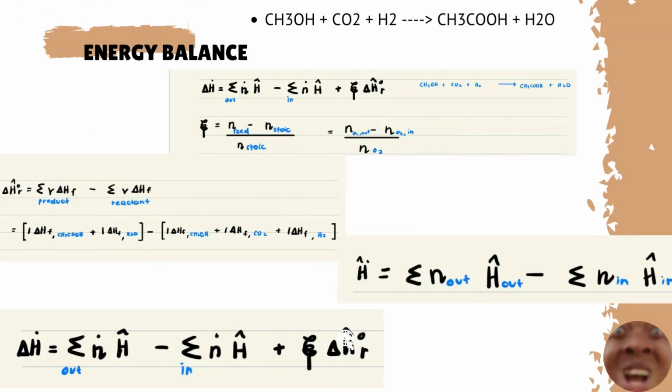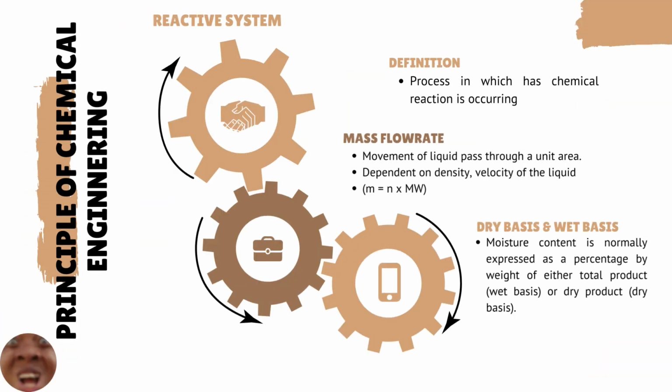As you can see, this is the chemical equation for the energy balance. It's CH3OH plus CO2 plus H2, and the product is CH3COOH and H2O. So, the definition of the reactive system is a process in which a chemical reaction is occurring.